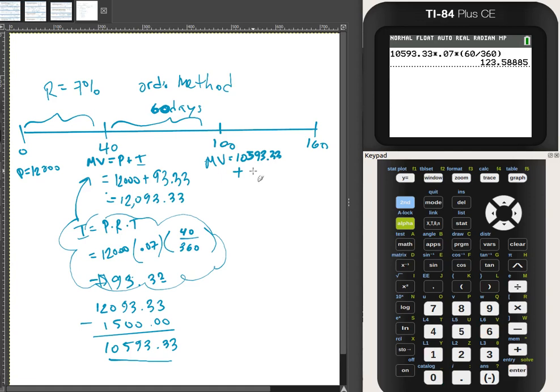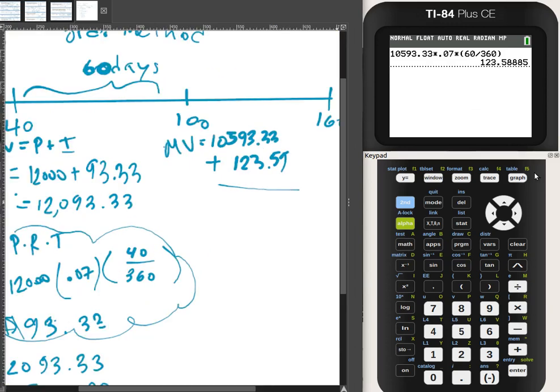And so this is going to be $123.59. I will round up this 8. This is going to be the new maturity value.